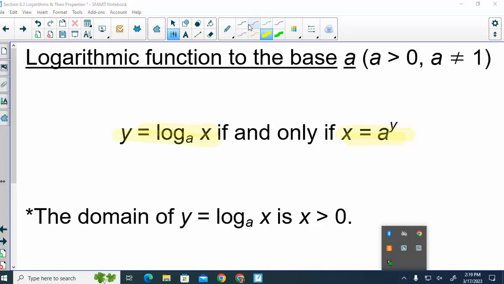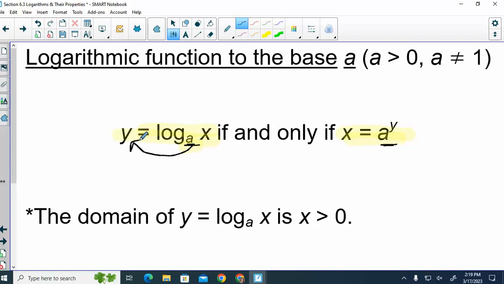So a logarithm can always be written as an exponential. The base of the log is the exact same as the base of the exponential, and then you go across the equal sign. So we're saying a to the y power equals x. A logarithm is essentially finding a missing exponent.